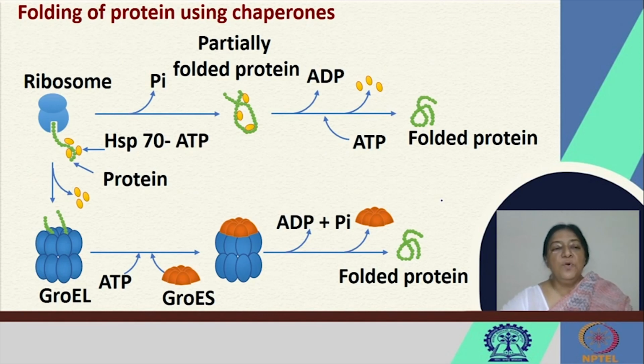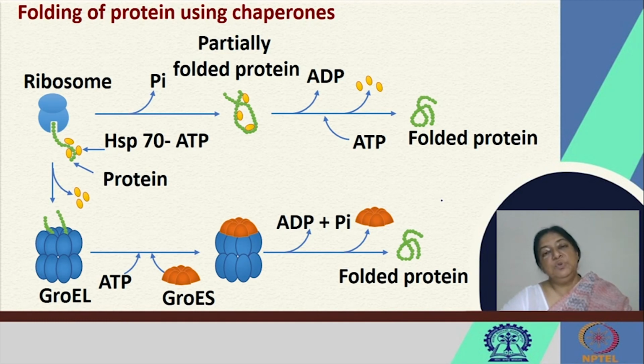So if we look at the folding of the proteins using these chaperones, we have the ribosome that is synthesizing the protein. The gradually partially folded protein is formed, and we have a proteasome complex that would take in any misfolded protein that needs an environment to fold but cannot fold correctly.